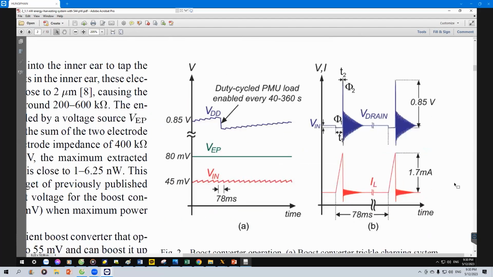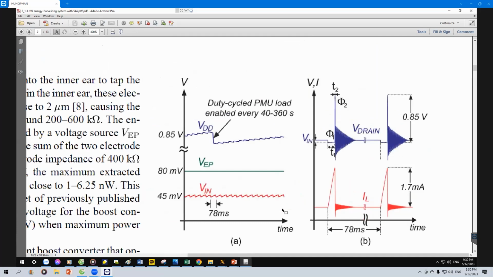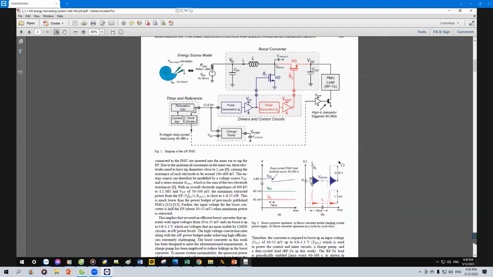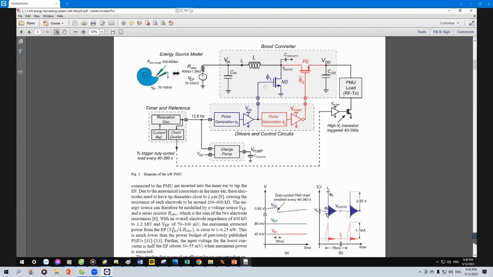No figure shows the inductor current and then T1, T2. There was no figure like this.